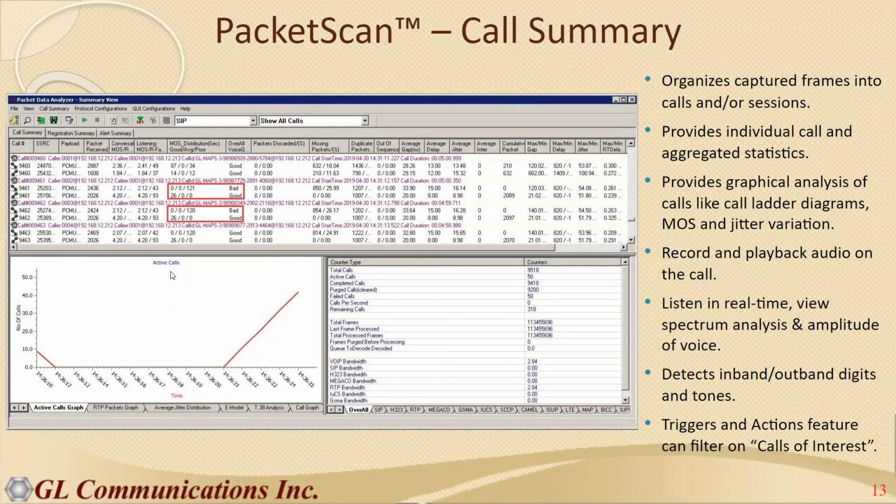And so we can give that to you. That's just one graph. We'll show you many more graphs. In the bottom right pane, you get some summary statistics, total calls, active calls, failed calls, all that type of information. So I want to really highlight here that PacketScan is designed for telephony.